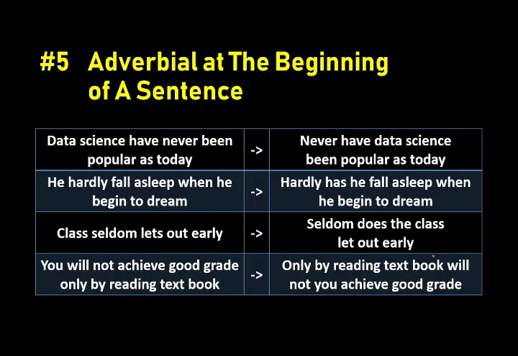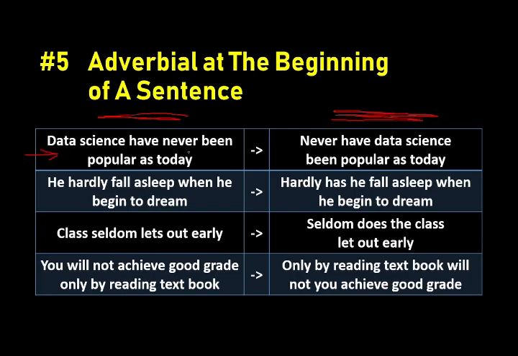And here are the examples when the adverbial is in its normal position and when the adverbial is at the beginning of a sentence. Let's see the first example here.